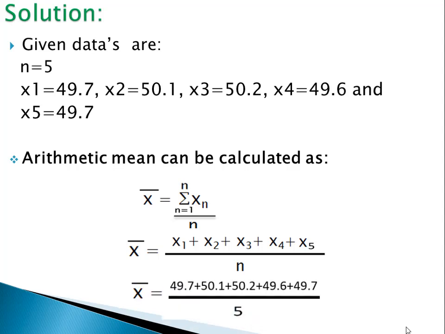After substitution of all the values in the above equation, and after finding this expression by using calculator, you will get the answer as 49.86. So in the given problem, arithmetic mean x bar is equal to 49.86. This is how we have to solve the problem.